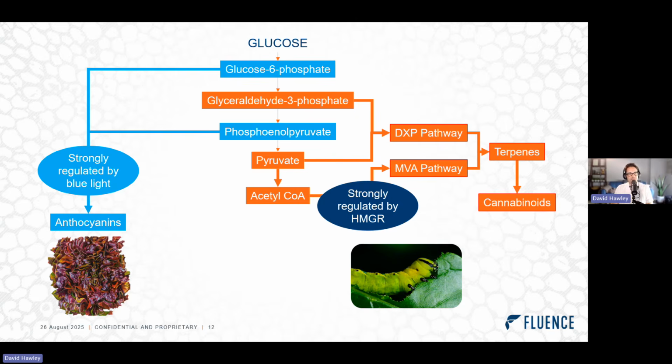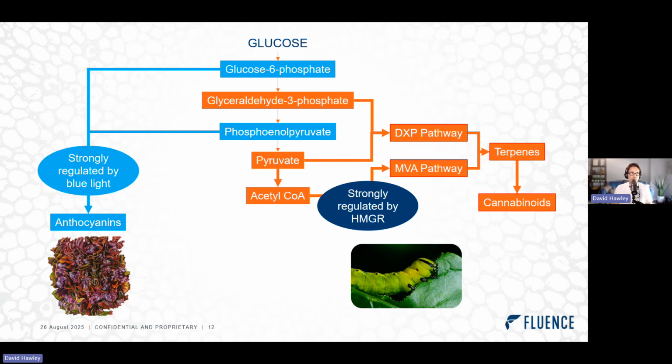So right here, I'm showing right down the middle of the screen the details of glycolysis. You go from glucose, you make glucose 6-phosphate, glyceraldehyde 3-phosphate, on and on until you get to acetyl-CoA. Now, what I want to emphasize here is that there are two very distinct paths that take intermediates from the process of glycolysis and then make secondary metabolites, but not all secondary metabolites are the same thing, right?